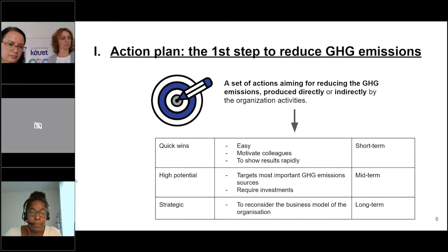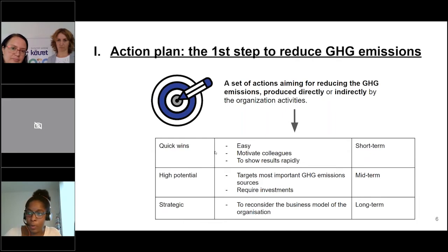And the second one is the midterm actions. And finally, we have the strategic actions. There is also a difference between each kind of action.